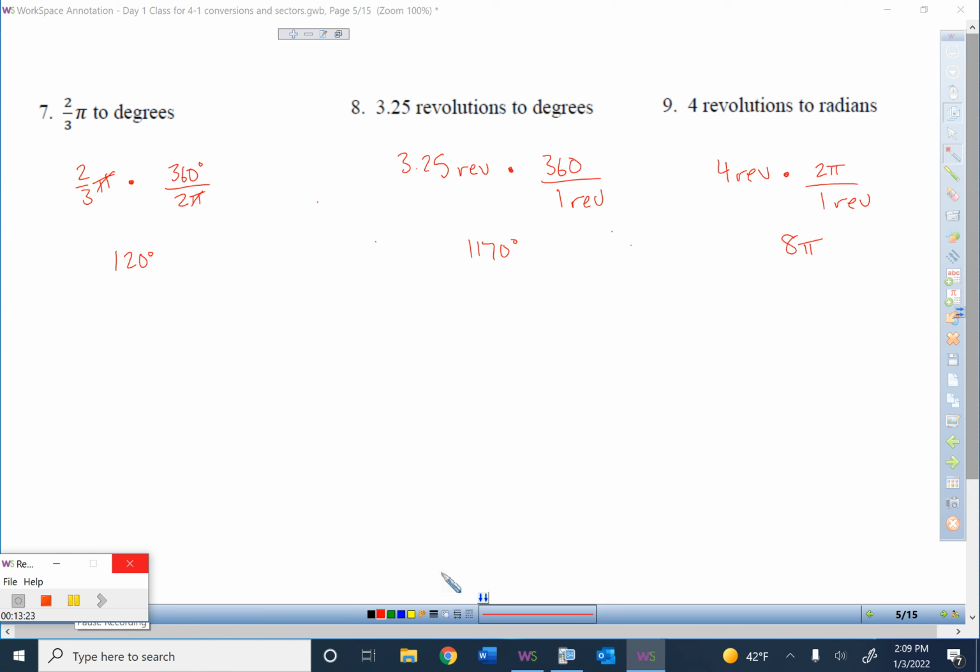Now why this relates and why this is so important is because our formula for our area or circumference of just a sector, all we have to do is take that central angle in the corner and put it over either 360 degrees or 2 pi, depending on whatever our angle is given to us as. This pi over 2 you didn't have to know, because we're going to be given that piece of information.